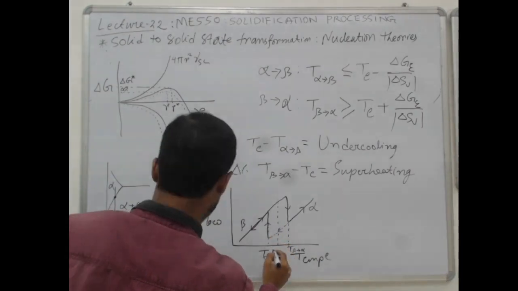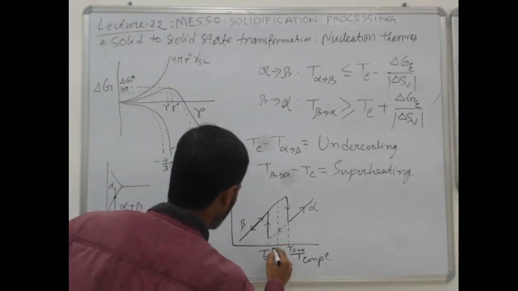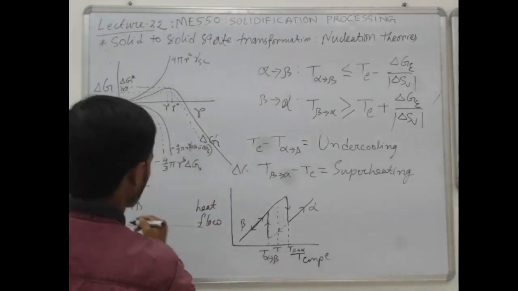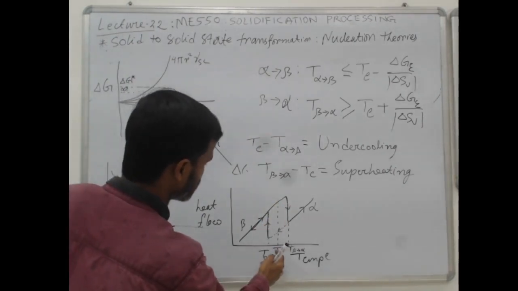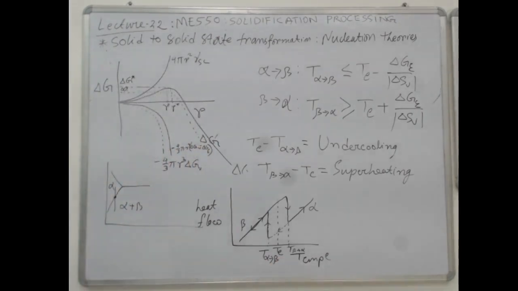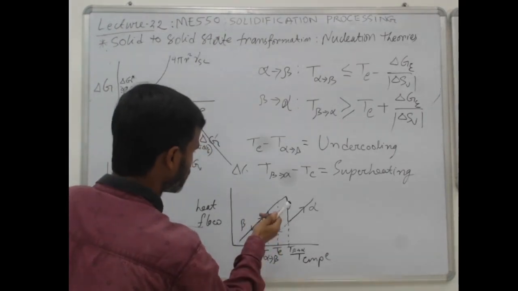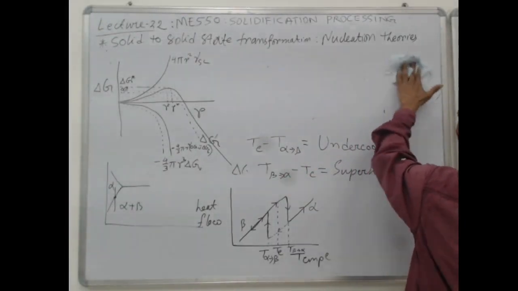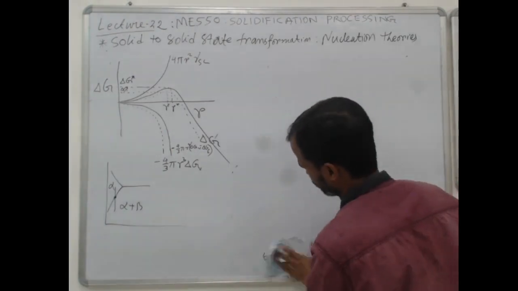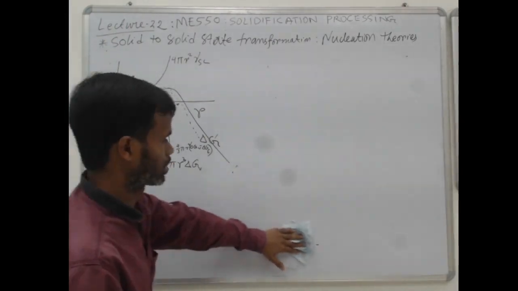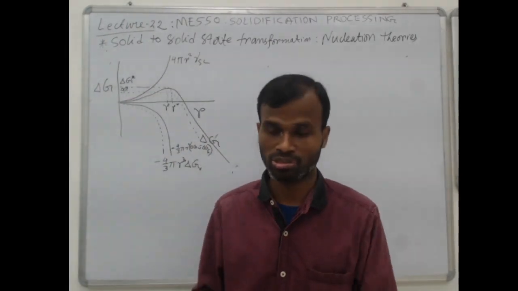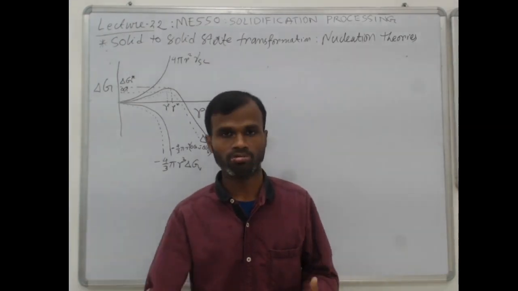In between you have the melting temperature or the equilibrium transformation temperature. So this kind of hysteresis loop is formed. In summary, if the transformation happens from one solid phase to another solid phase, it will be more difficult. You need to go for higher undercooling and higher superheating.